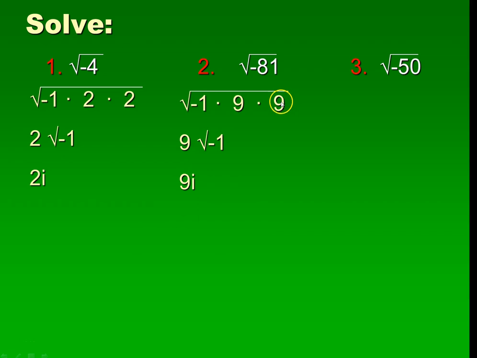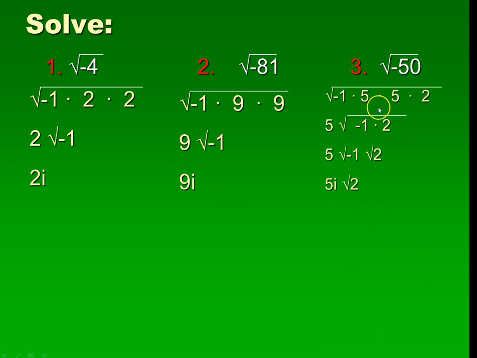Well, let's look at square root of -81. I know that 9 and 9 popped into your head. We have 2 9s, so we can pull one out front, and we're left with the square root of -1. But the square root of negative 1 by definition is i. Are you beginning to see? Now we have square root of -50, and when we looked at 50, we didn't see a square root, so we were a little confused for a minute, and then we remembered, oh yeah, this is 25 times 2, and 25 is a square.